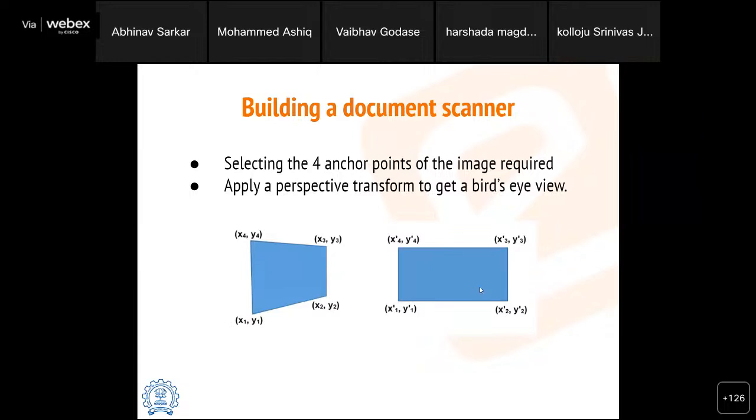Again, matrix multiplication. Everything in image processing usually happens with some level of matrix multiplication. If we have this matrix with these values, we want to find some matrix, which is called a perspective transform matrix, so that when this is multiplied by it, this gets transformed into this.